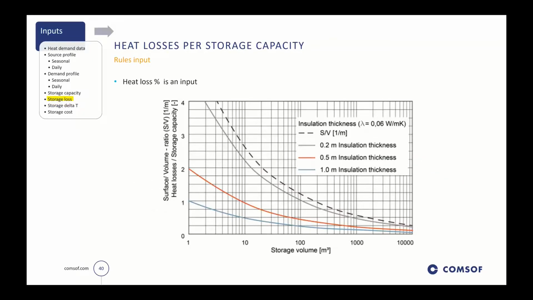Heat losses also typically reduce as the size increases, and it's a relation between the surface and the volume. As the surface reduces and the volume increases, you get this reduction in losses eventually. So you can also enter in the rules, as you will see later on, the heat loss percentage of the type of tank you are using.